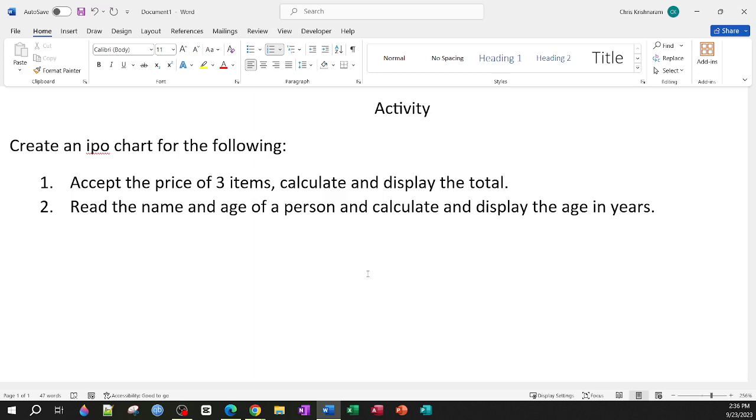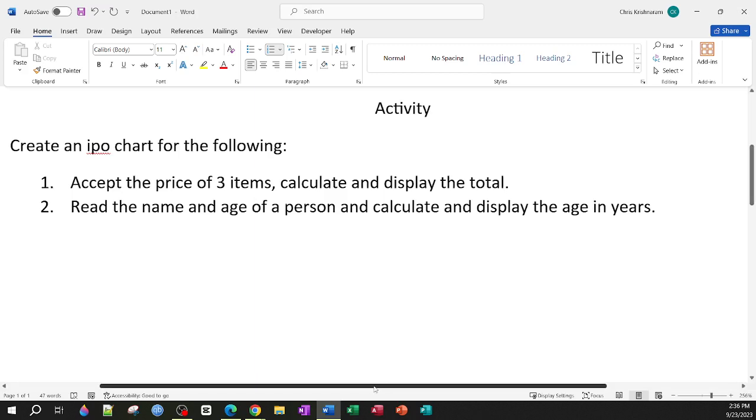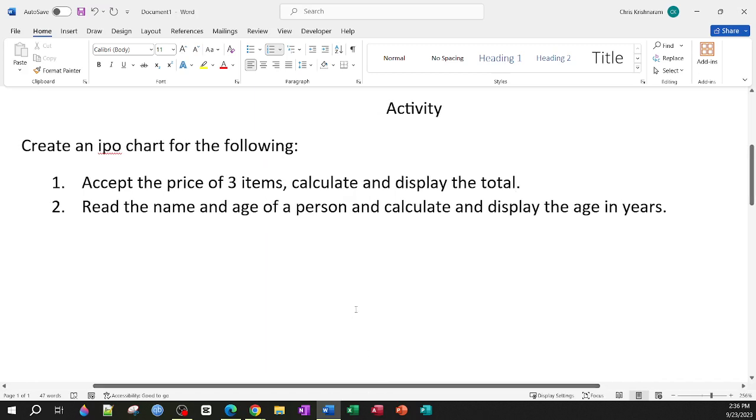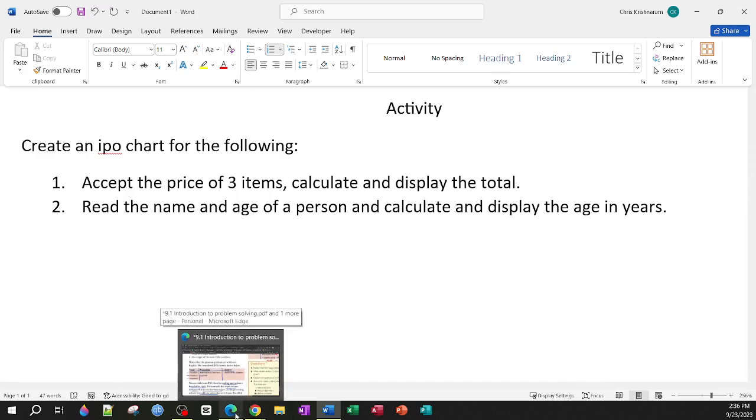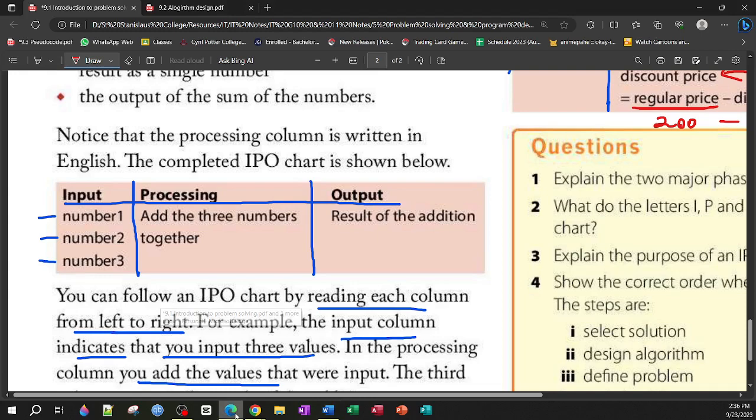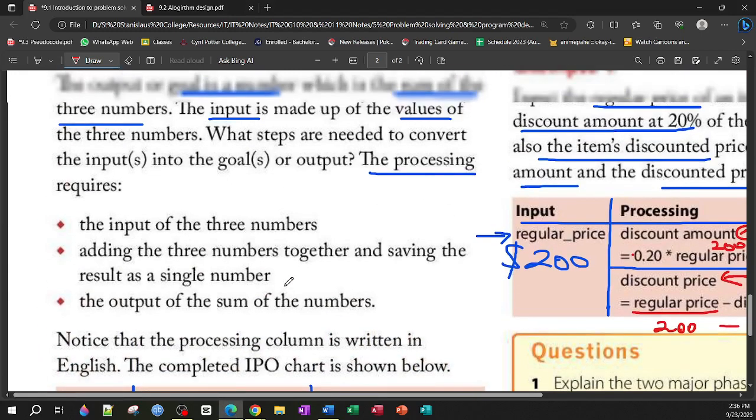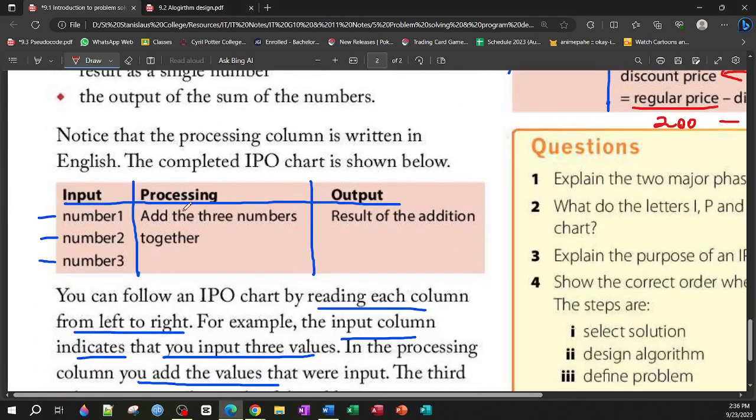We're currently creating IPO charts. Do you know what is an IPO chart? Didn't we discuss this last week? Oh, it was just the cycle last week. Do you know what is this here?